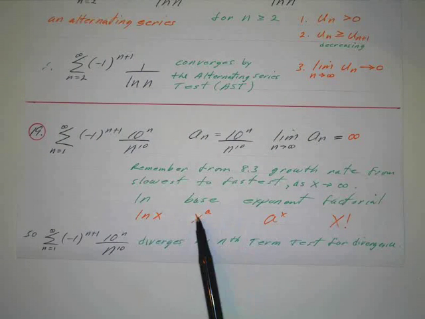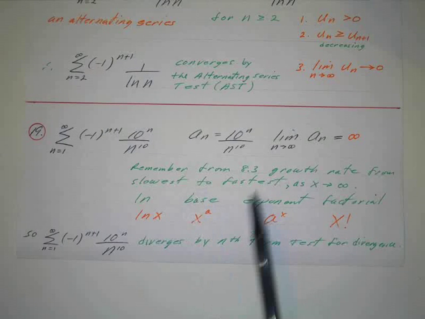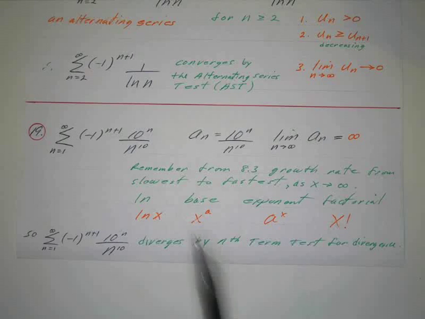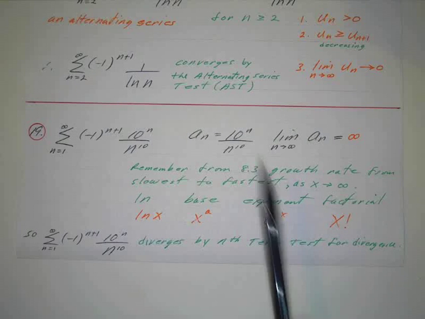The natural log goes like this, but then this is a parabola type function, and this is exponential. And then the factorial starts out a little bit slower, but eventually it starts going real steep. So if you check that on your calculator, you'll see this is the slowest, next fastest, and by far the fastest, factorial.